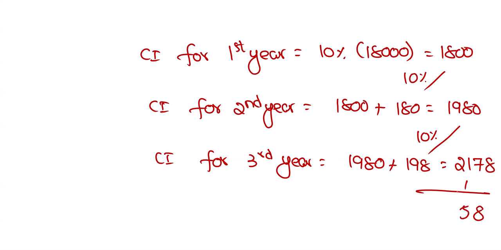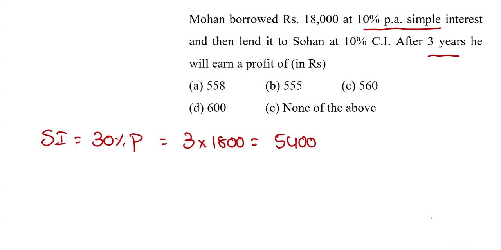Adding all this, we get 5,958. So compound interest is 5,958. Simple interest is this, 5,400. So the extra is 558. The difference is the profit.